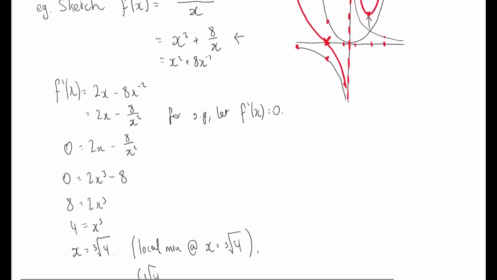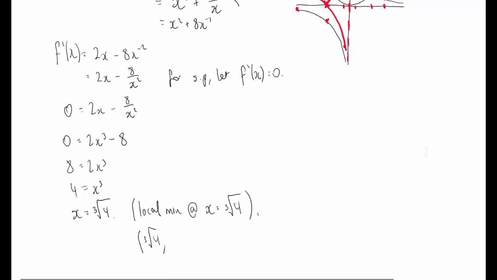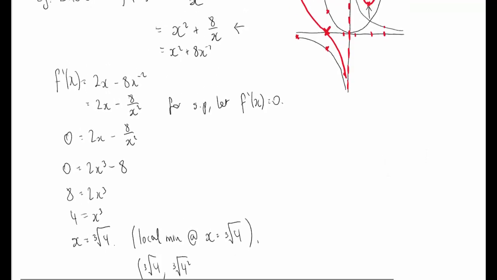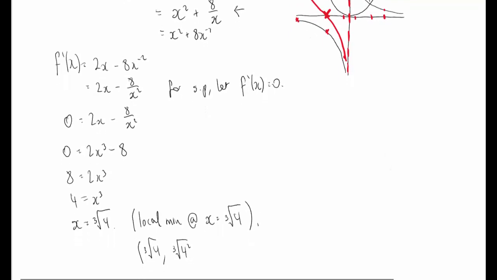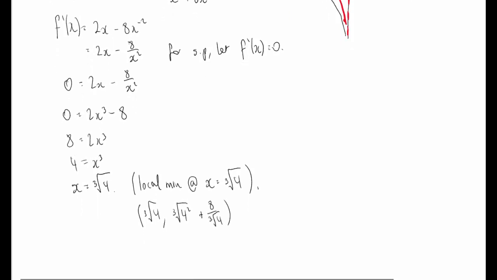The y coordinate is going to be the cube root of 4, squared, just because that's the x squared part, plus 8 over the cube root of 4. There isn't really a nicer way to express that, so that's our coordinates.